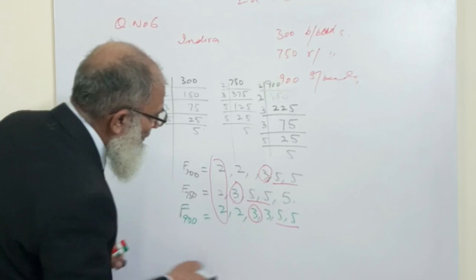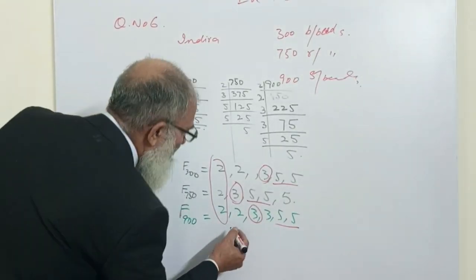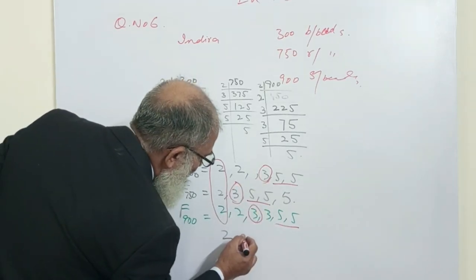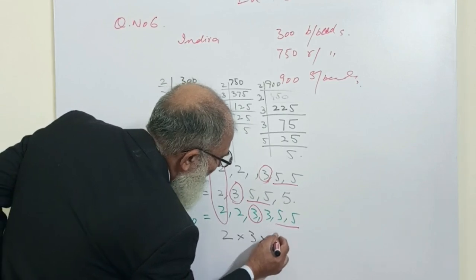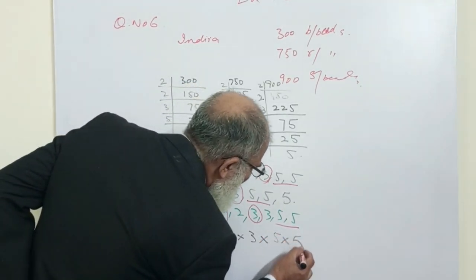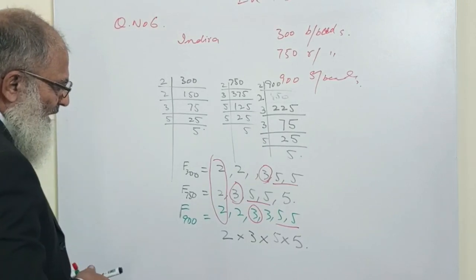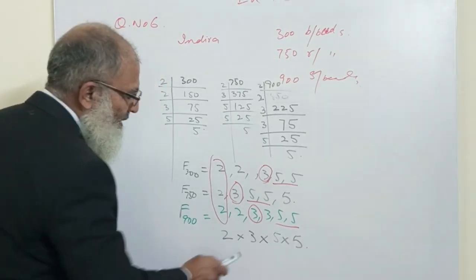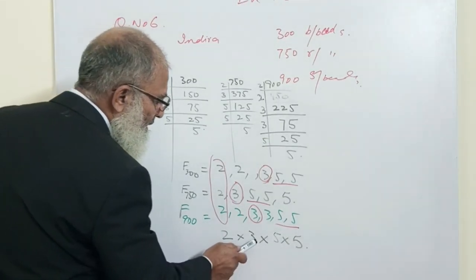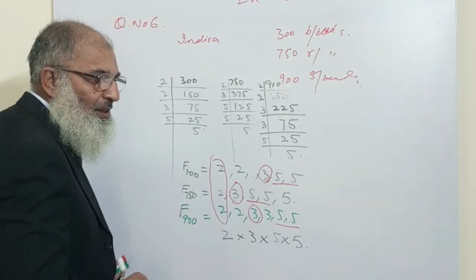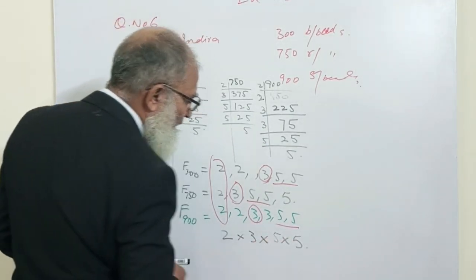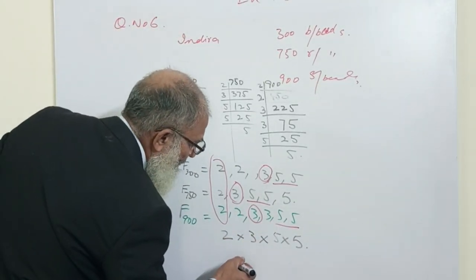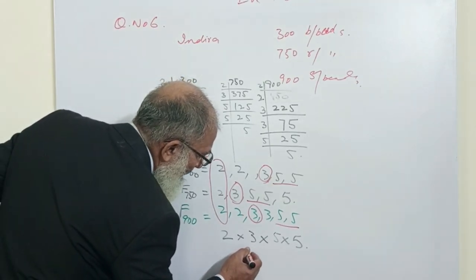So what I do is write them once. 2 multiplied by 3 multiplied by 5 multiplied by 5. So what is the outcome? Final outcome is 2 multiplied by 3 is 6, 6 multiplied by 5 is 30, and 30 multiplied by 5 is 150.